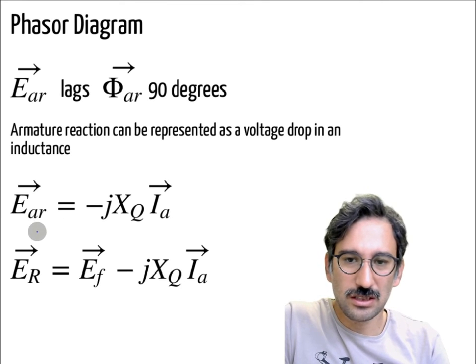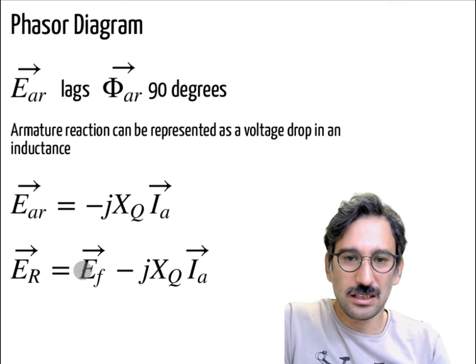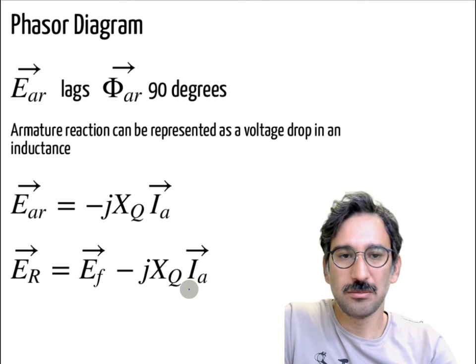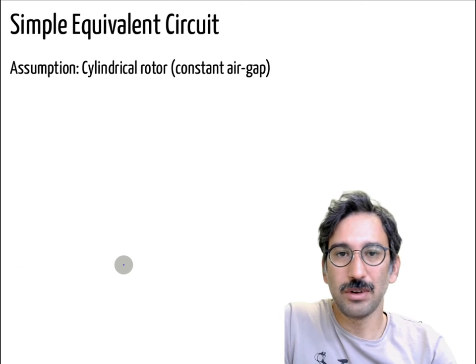This was just the armature reactance, and the resultant is E_F, the field flux, minus the armature reactance. Don't worry about the plus or minus, they're all conventions.